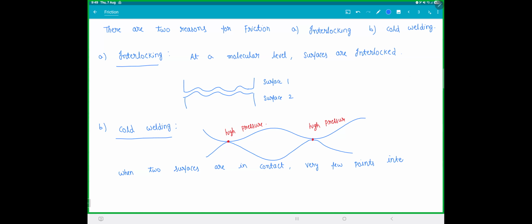Just look at your hands. If you make both the hands touch each other and look at that, you will see there are a lot of gaps between them, isn't it? Every part of your hand is not touching the other one. You will find there are a lot of gaps in between. So few points are interacting.